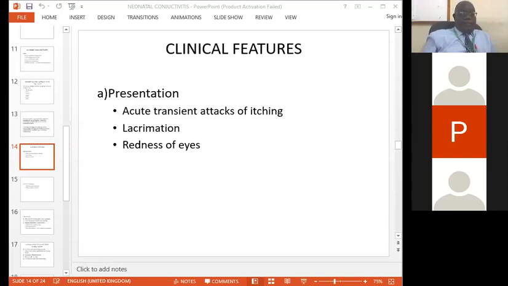She was asking about the parents of the infected child. The parents of the infected child, I would still use ciprofloxacin oral or gentamicin injection. Those are strong, broad spectrum antibiotics.